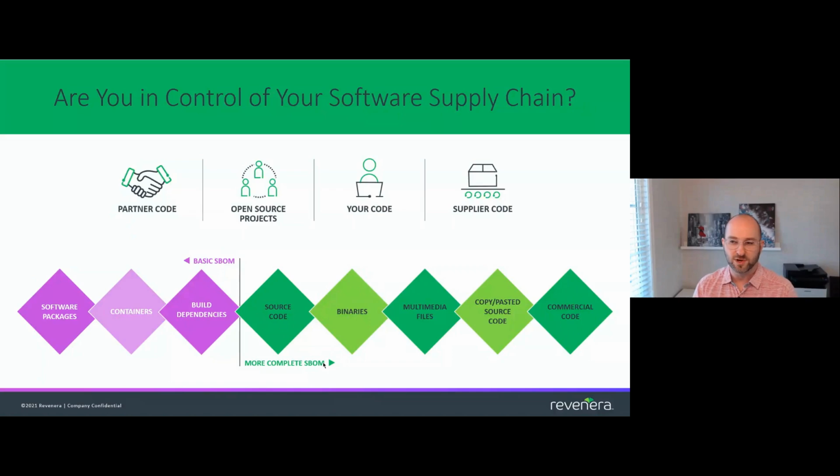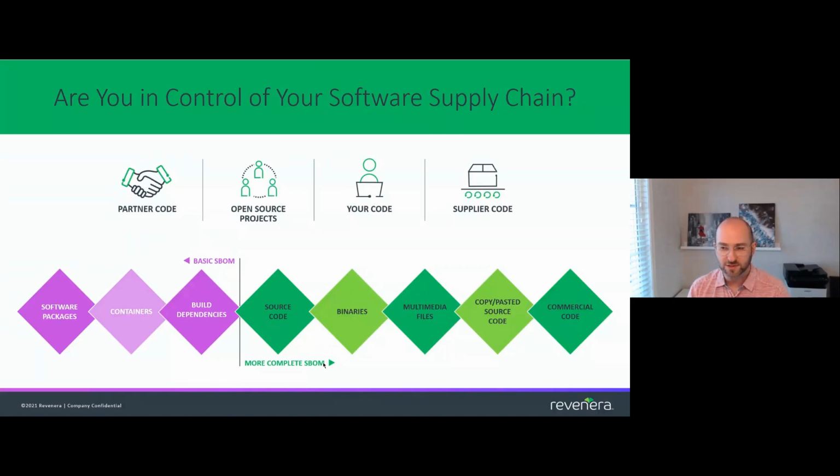If you containerize your product, are you pulling open source into the containers you deploy? Are you dependent on containers already being in the environment into which your application is deployed? Build dependencies, right? Anything you statically compile. So anything that is what we call a top-level package makes up the basic software bill of material.